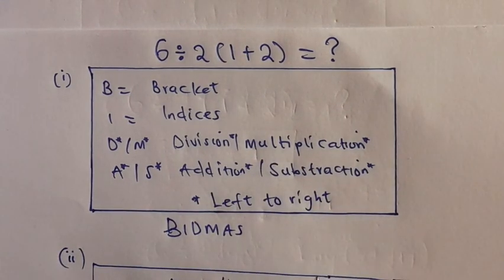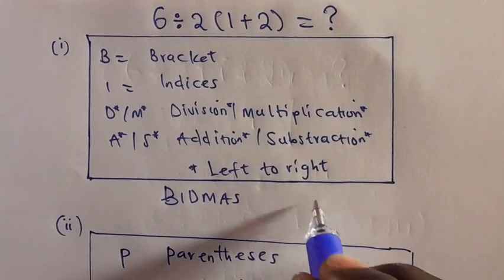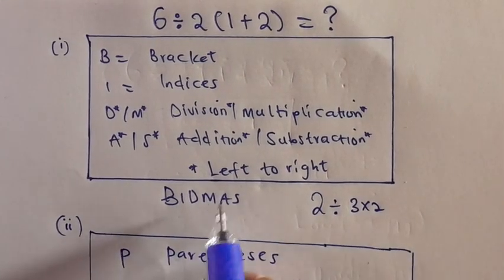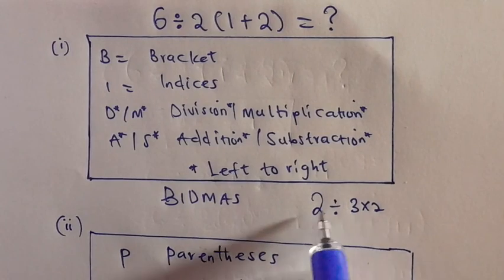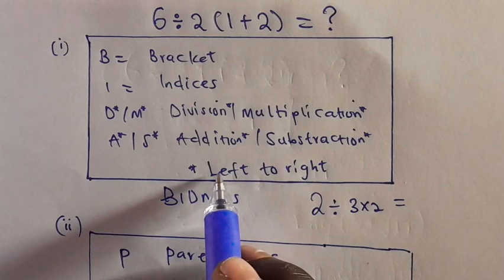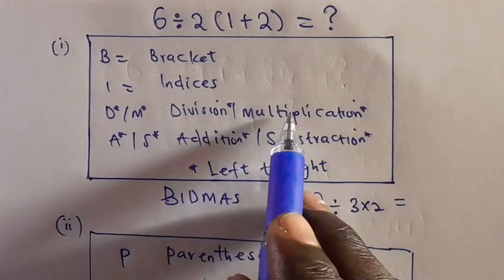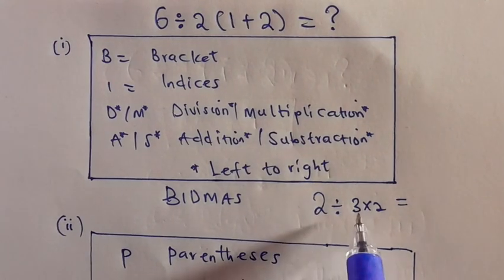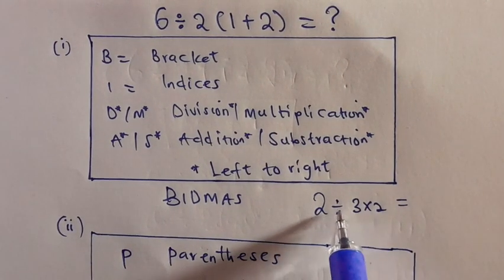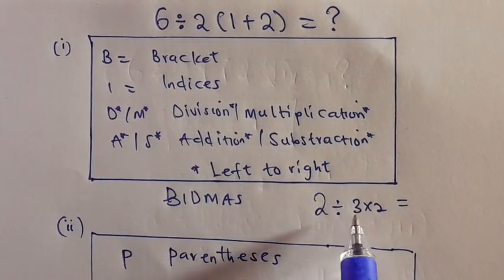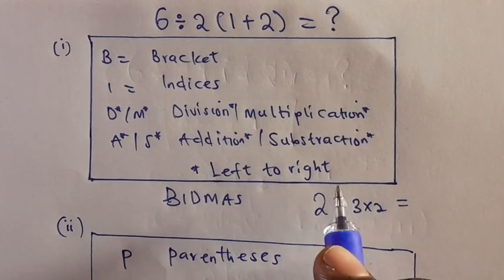So in the case of you have 2 divided by 3 times 2, what the BIDMAS is trying to say here is that we can take our operation from the left to the right in the case of division or multiplication, addition or subtraction. We have multiplication here, you have division here, so we are to consider our operation from the left to the right.